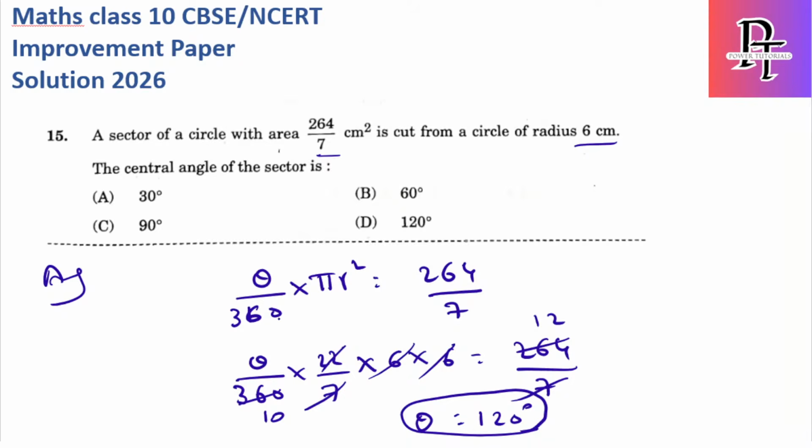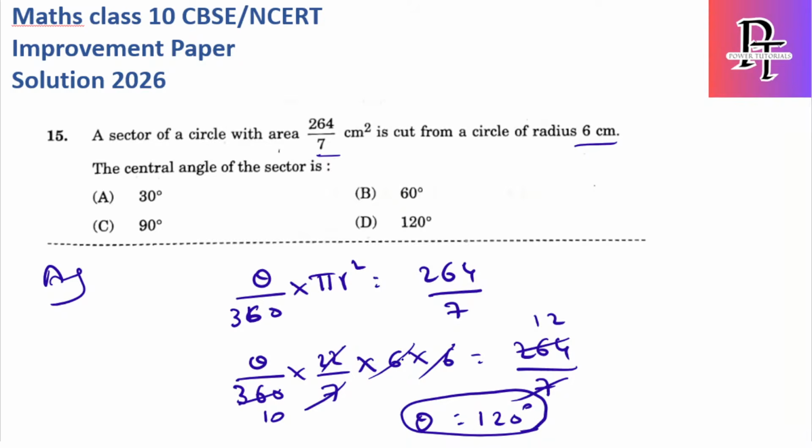Let me check again. Theta by 360 into pi, which is 22 by 7, into r value 6 into 6 is equal to 264 by 7. 7 gets cancelled out. 22 ones, 22 ones, 22 twos is 44. 6 sixes are 36, and here it was 360, so by 10.